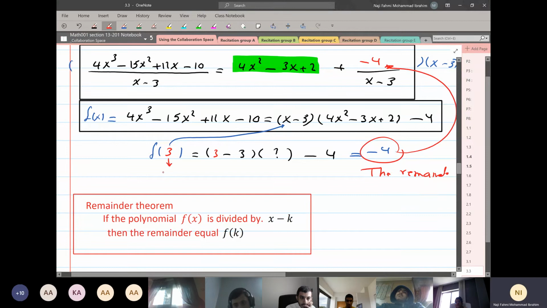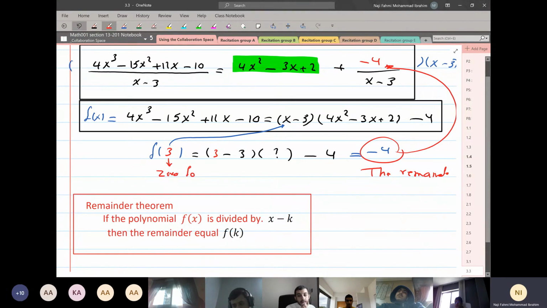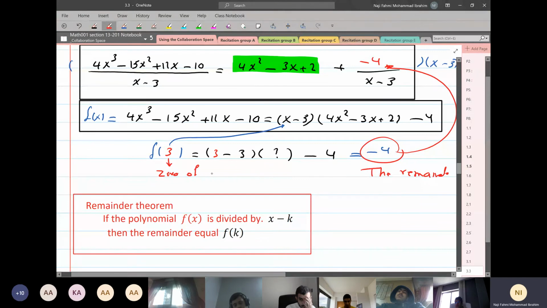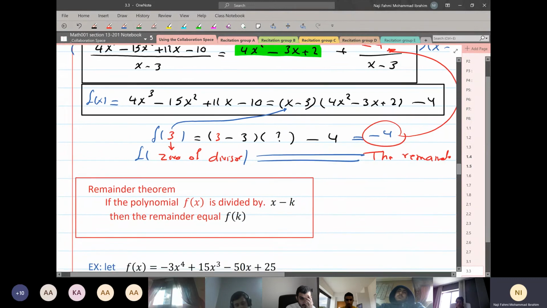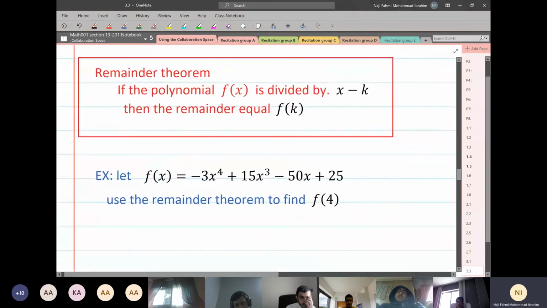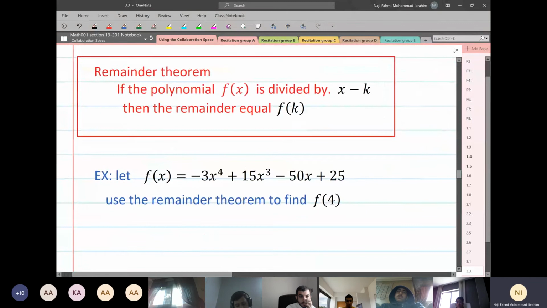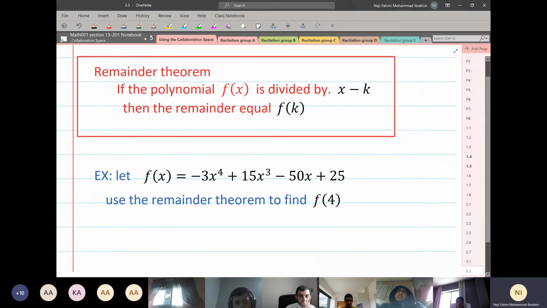And the 3, what do we call it? The 0 of the divisor. So can I say a rule now that f of the 0 of the divisor is equal to the remainder? This is our next theorem. Let's read it. Remainder theorem: if the polynomial f of x is divided by x minus k, then the remainder equals f of k.